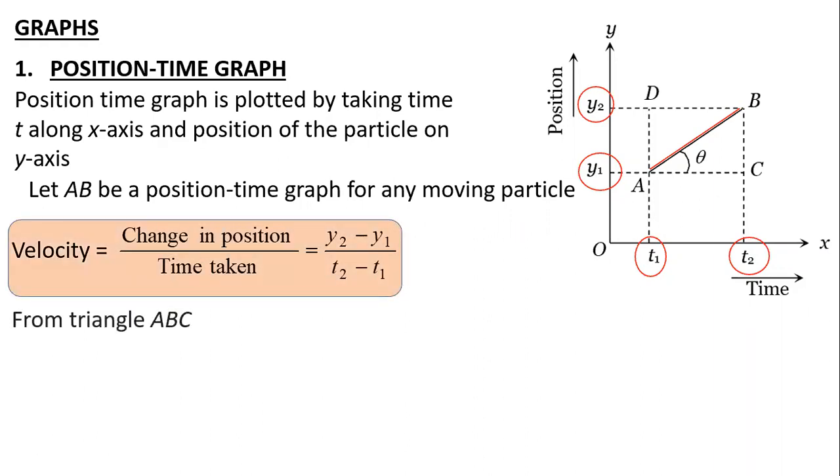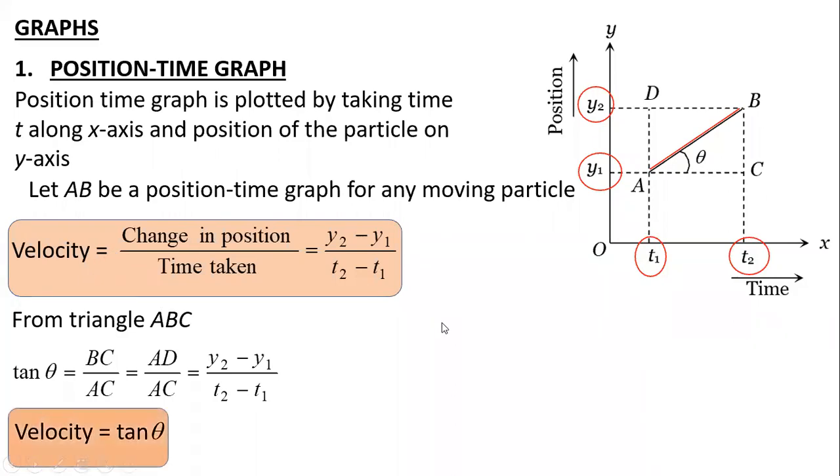If I go for trigonometry, in triangle ABC, if I apply tan theta, can I write tan theta is opposite upon adjacent? That is one of the ratios of a right angle triangle. Your BC is equal to AD, so tan theta becomes AD by AC. AD is nothing but y2 minus y1, and AC is nothing but t2 minus t1. So tan theta can also be written as y2 minus y1 upon t2 minus t1. If I compare the two relations, can I directly say velocity can also be given by tan theta?